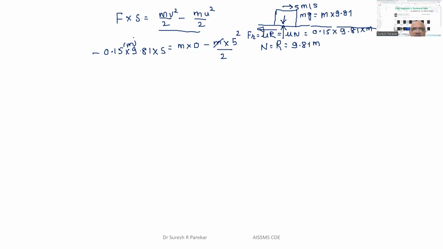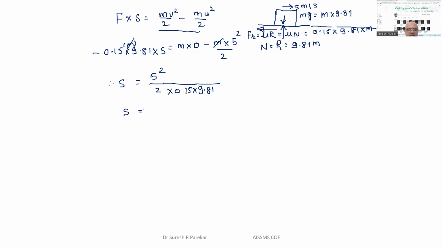This m gets cancelled, the minus sign gets cancelled, and we have S equal to 5 square by 2 into 0.15 into 9.81. And from this we can calculate the value of S.